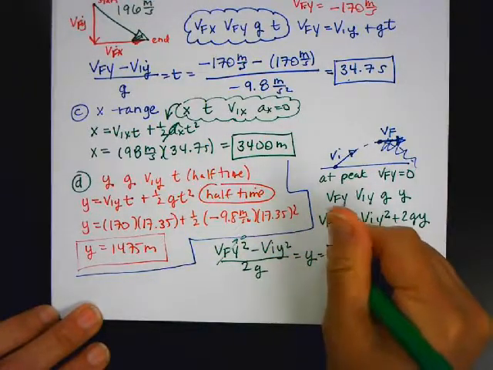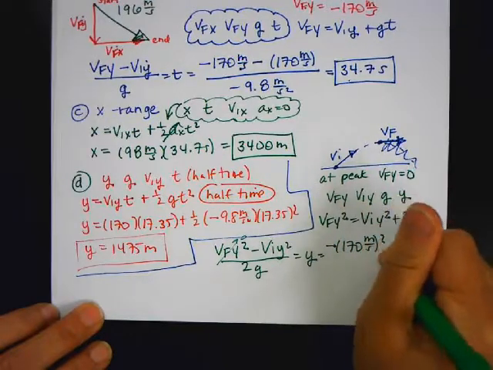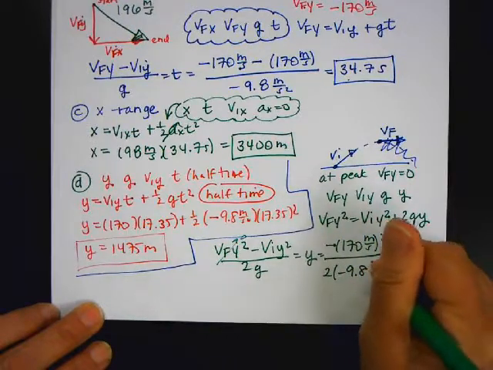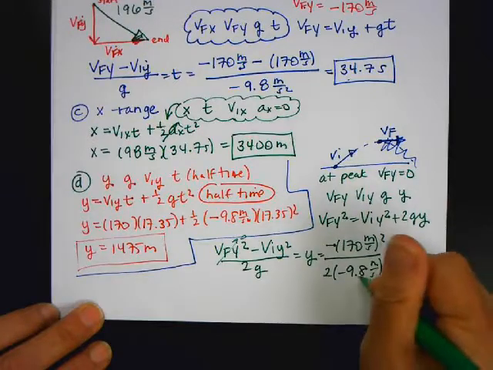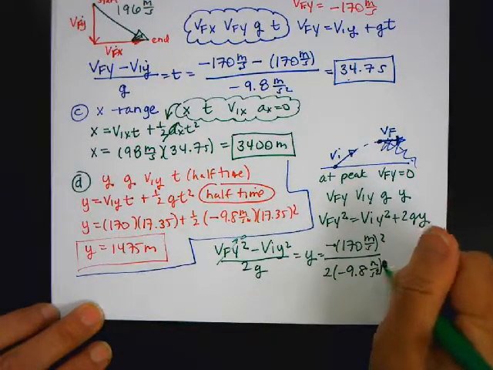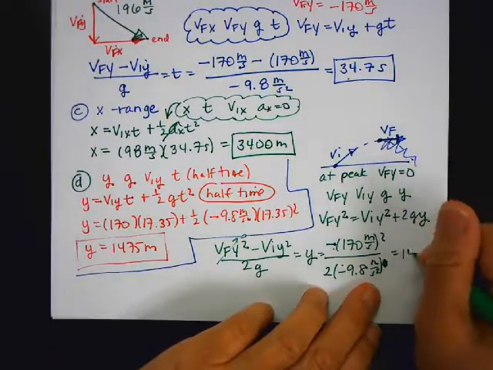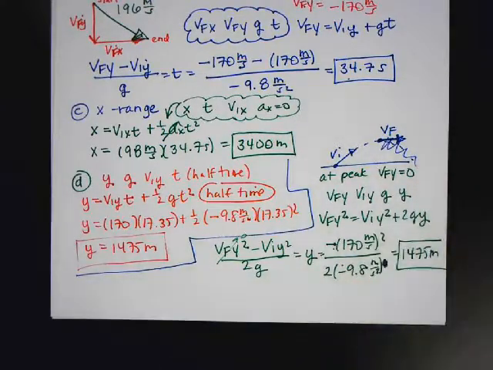So it's going to be minus 170 meters per second squared divided by 2 times negative 9.8 meters per second squared. So the negative in the numerator and denominator cancel, so I get a positive value, and this also comes out to be 1475.